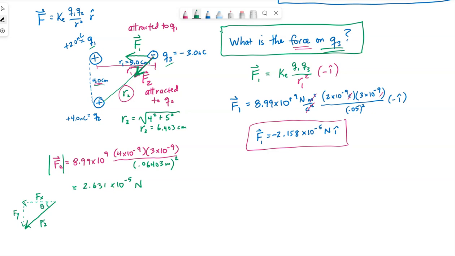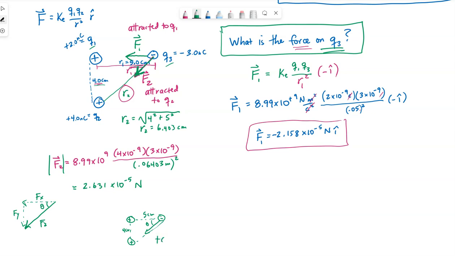This angle in here, if I sketch our picture again really fast, it would be the same as the angle right here, just in terms of distances. The 5 centimeters, the 4 centimeters, the 6.403 centimeters we figured out.